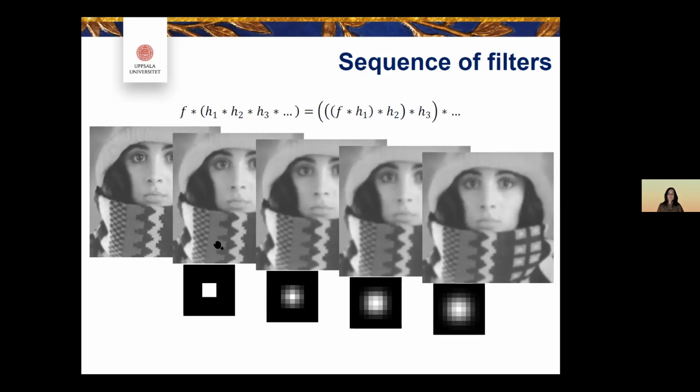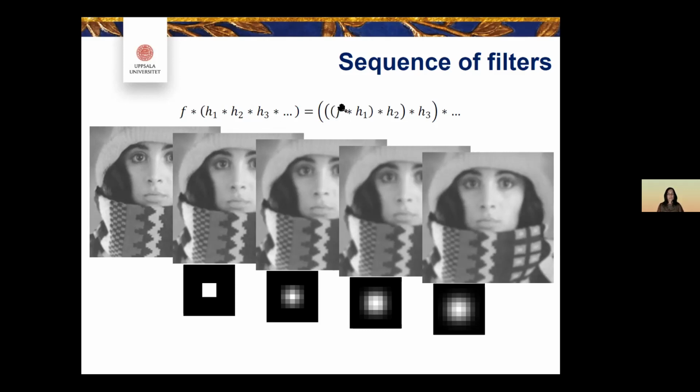Similarly, relying on the same property of convolution, its associativity, we can think of performing a sequence of filters, which is a step further from the sequence that results from the separability of filters. So we can simply perform a number of whichever filters and see what result comes out.